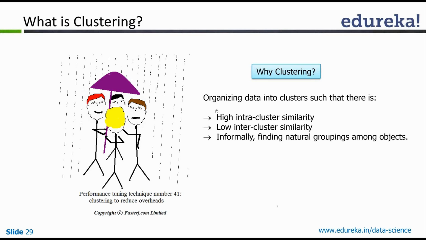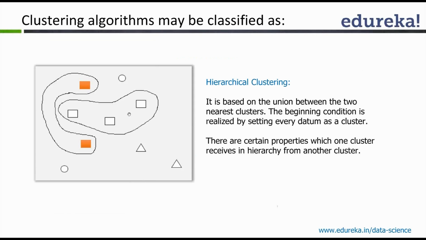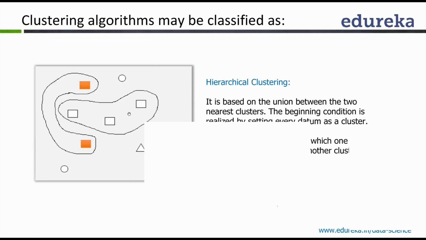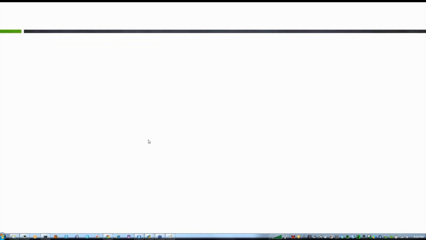Before we execute any clustering algorithm, the first and foremost thing that we agree upon is the distance measure or the similarity measure that needs to be used. And there are many formulations of distance measure or similarity measure, and depending on the application, you use one over the other.